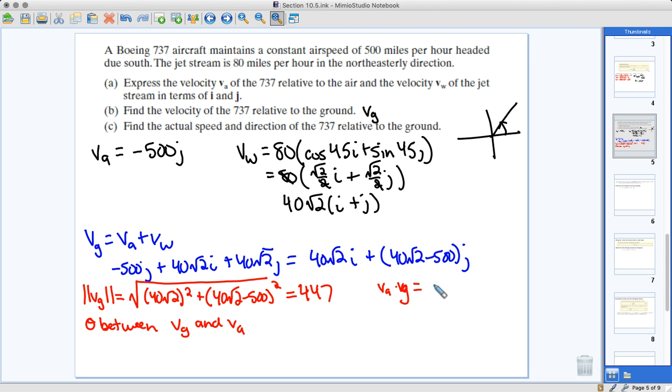which will be 40 square roots of 2 minus 500 times negative 500, because there's no i term here, so it's just 0, over the magnitude, which was 447. Magnitude of v sub a, so basically if I do this, it's going to be the square root of negative 500 squared, you get 500.